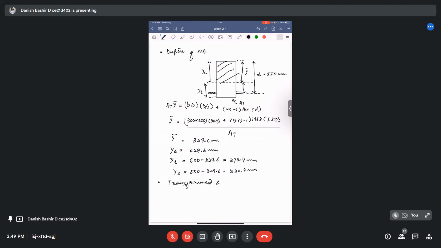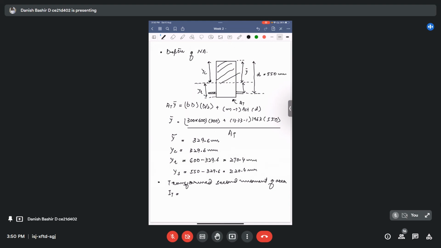Transformed moment of area. Now we have to calculate the second moment of area about this axis. This section is at a distance of y and has a depth of yc.